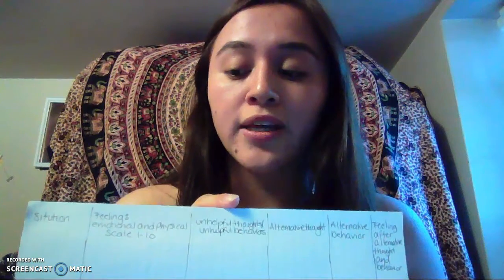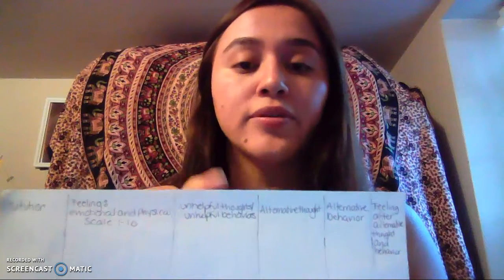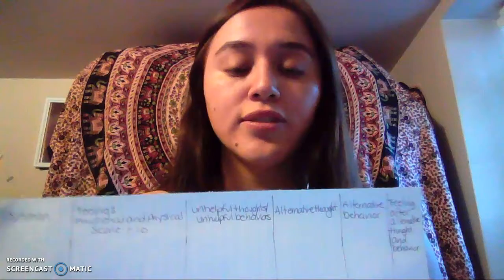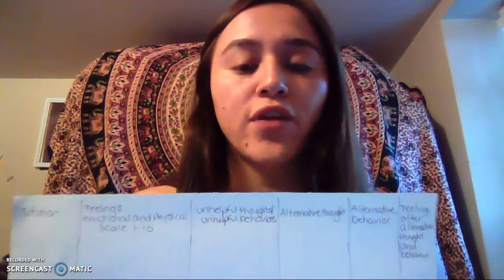So we're going to go through our third section and we're going to think about our unhelpful thoughts and unhelpful behaviors that we had from our current situation. So for myself, since I grew anxiety when I presented in class, I just thought really negative.